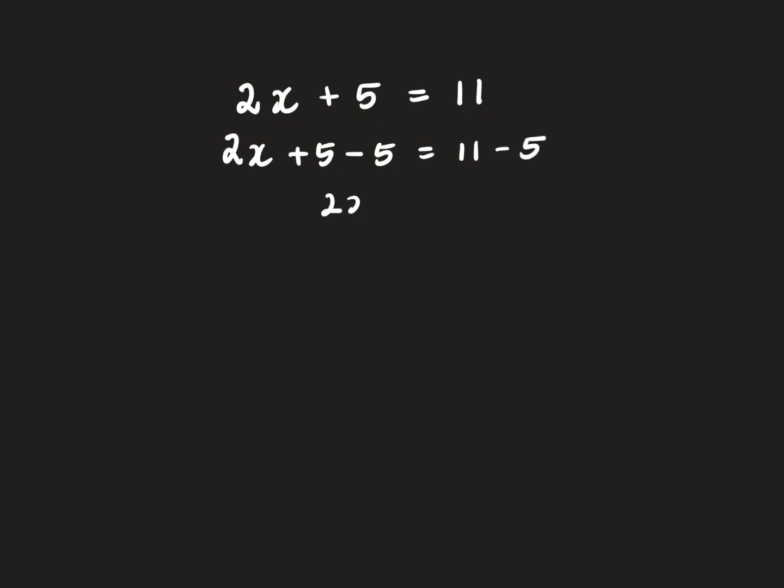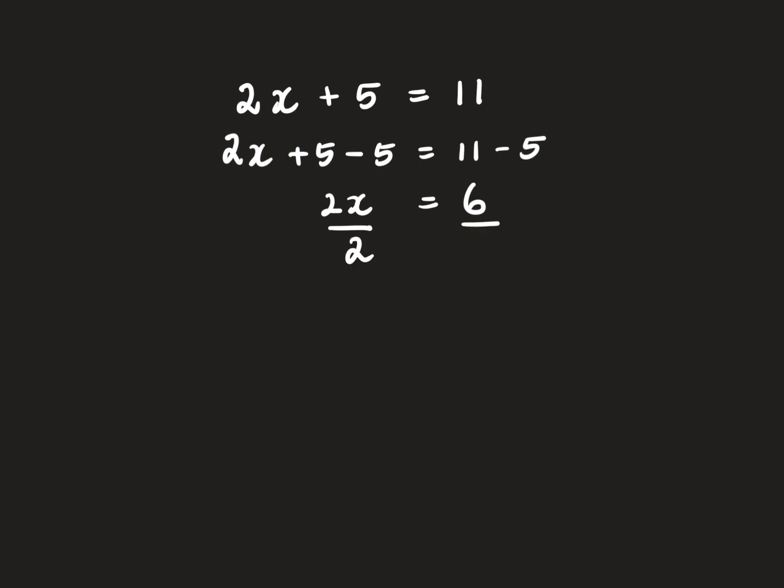Okay, for this next one, I'm going to chant to you what I would do to solve it. Firstly, I'm going to chant the question. It says 2x + 5 = 11. Next line. 2x + 5 - 5 = 11 - 5. 2x = 6.